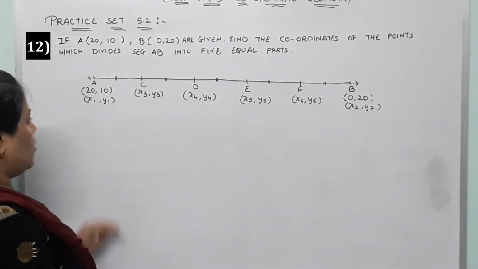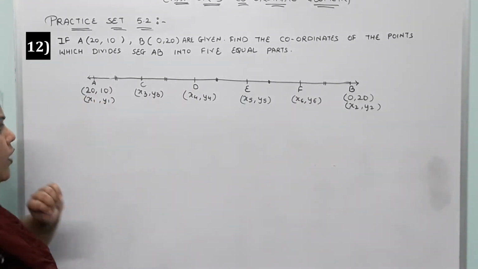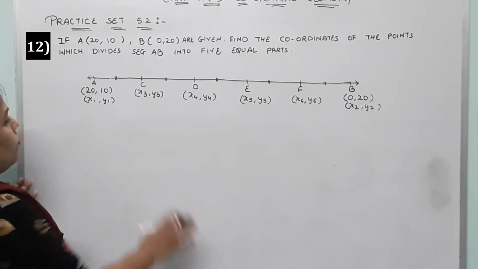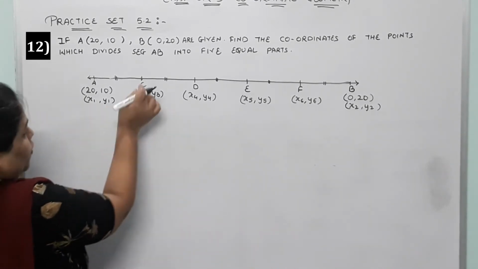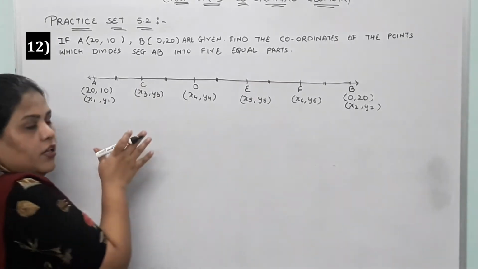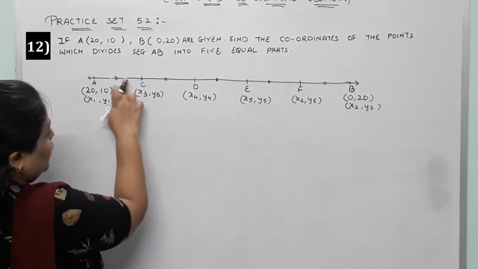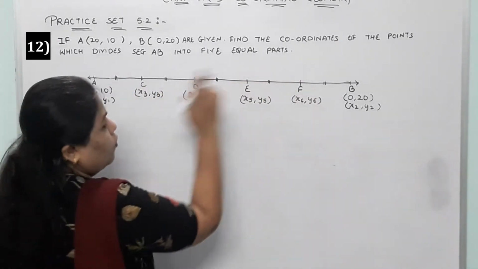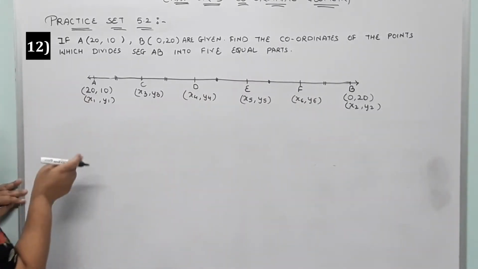Okay. Now we have the coordinates that we have to calculate. Then what to do? We can take it as point C divides AB in the ratio, but this again we have to show.